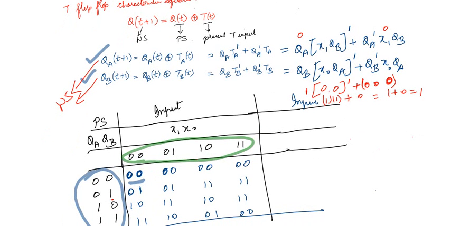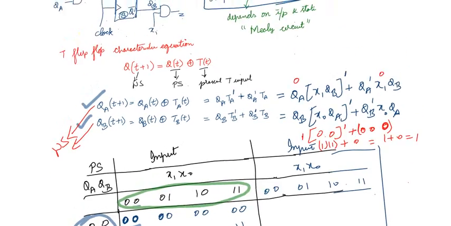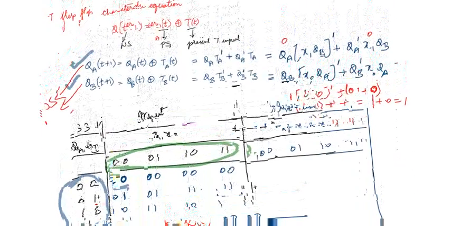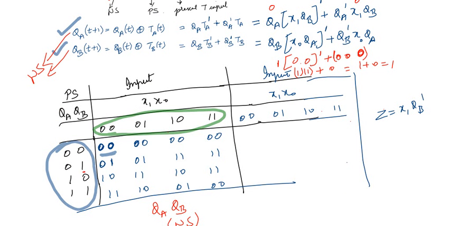What is the possibility of input? 4 possibilities: 0 0, 0 1, 1 0, 1 1. And I can write it here for convenience, z is equal to x1 qb dash. Try to fill it.